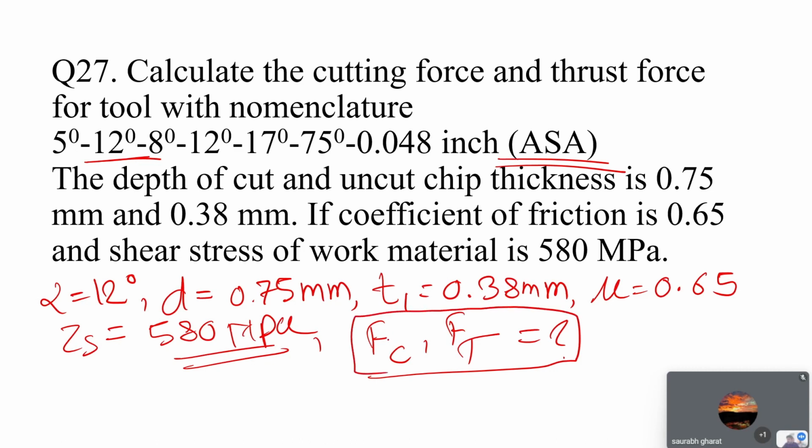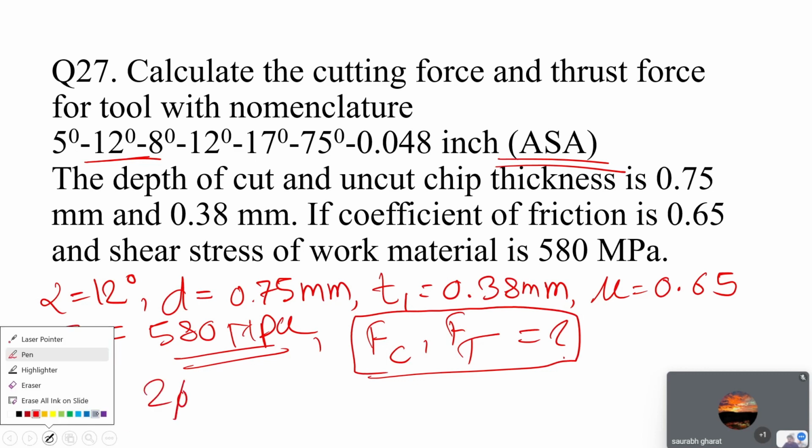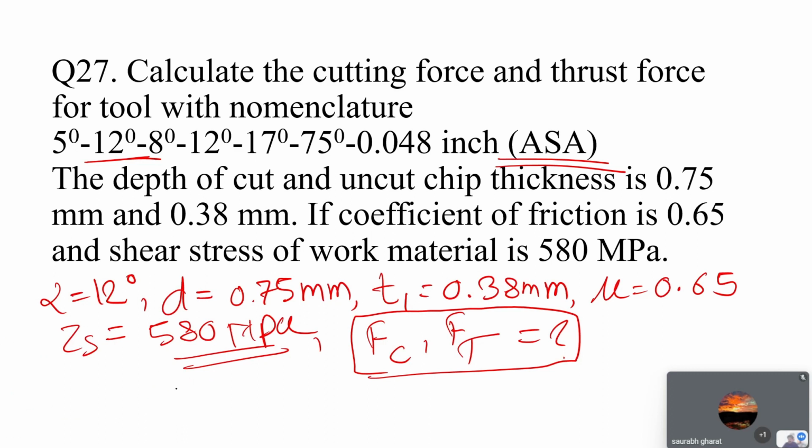So we start with Merchant's equation. Let's start with my third equation. We need to find out phi. 2 phi plus beta plus alpha is equal to 90 degrees.